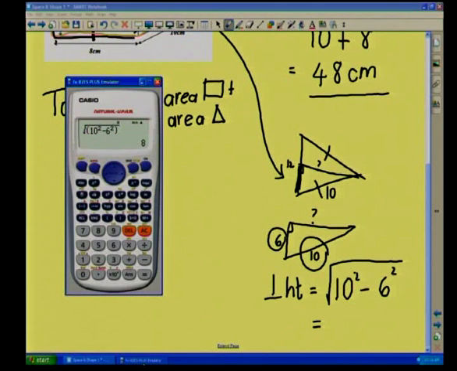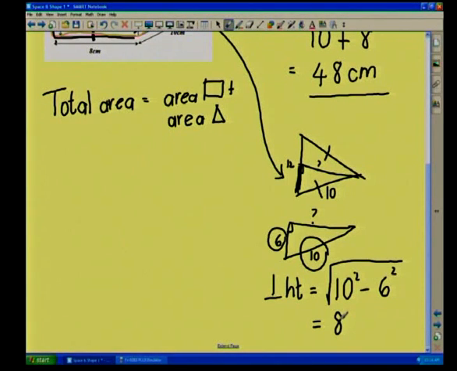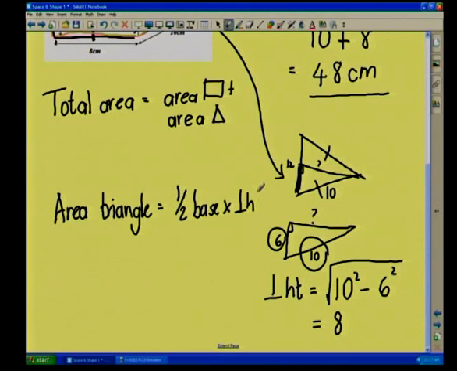Let's get my calculator out. If I type that in, as you can see there, I get an answer of 8. So now I can find out the area of my triangle, because the area of a triangle, and usually they would give this to you on your exam paper, is half base times your perpendicular height.